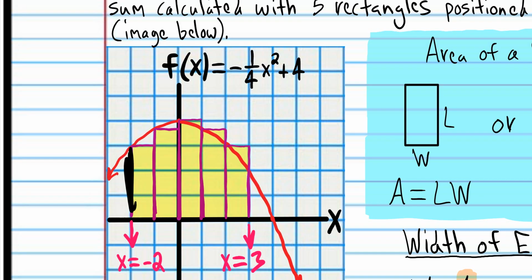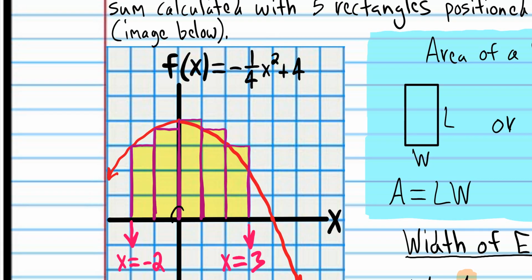So the input of the function is negative 2. That tells us where to go. We plug that negative 2 in to this function, and whatever we get, that's the height of this rectangle. Then we plug in negative 1 to the function and calculate, and that gives us the height of this second rectangle.